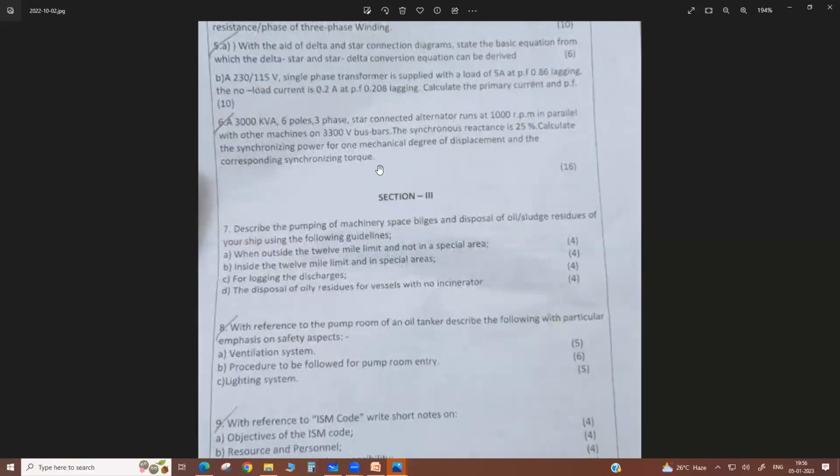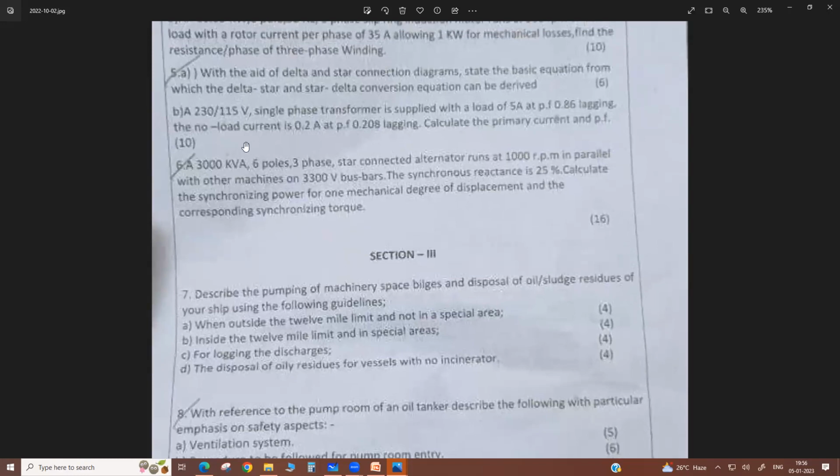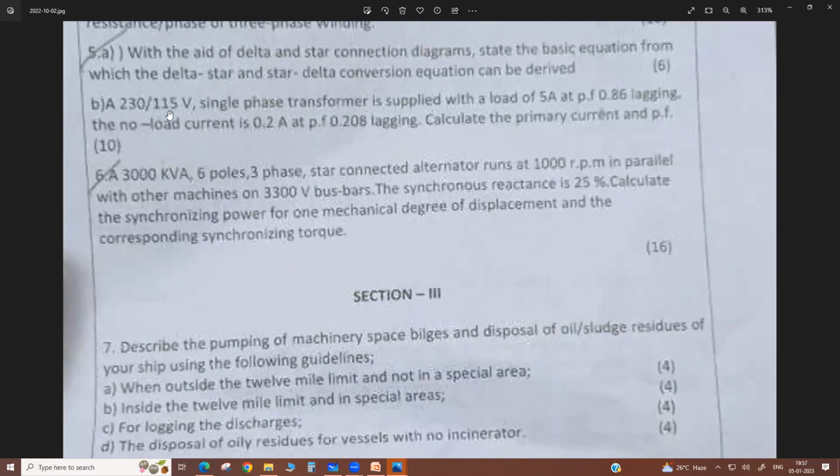This is one question asked here, 10 marks. A 230 by 115 volt single phase transformer supplies a load of 5 ampere at power factor 0.86. This is I2 and cos phi 2.